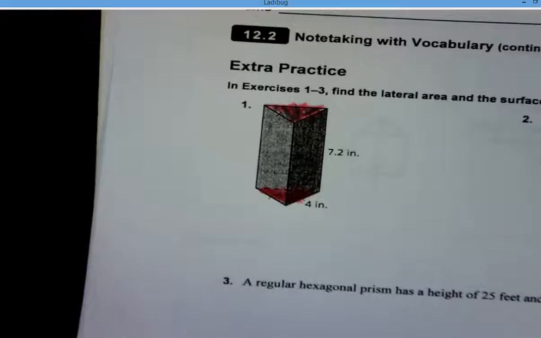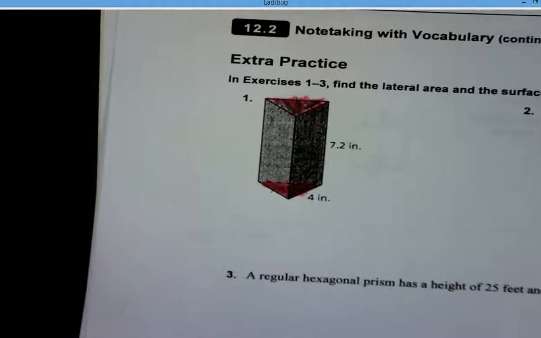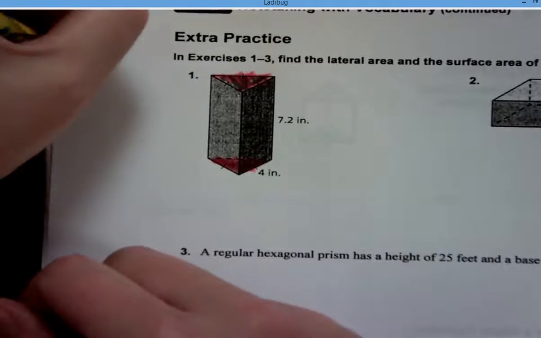I can't color in the lines. Alright, chatties. Come on. We've got our bases right here, the top and the bottom. The two triangles are our bases. I tried to color them in. I'm not very good at coloring. So that's what you get.